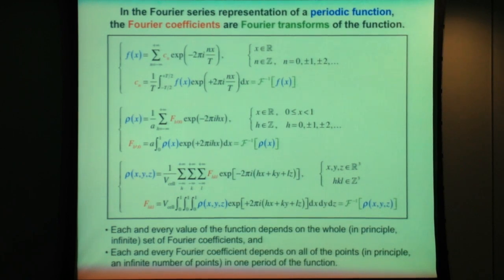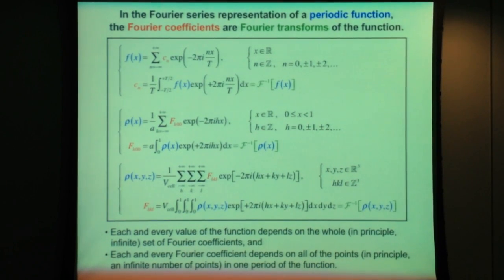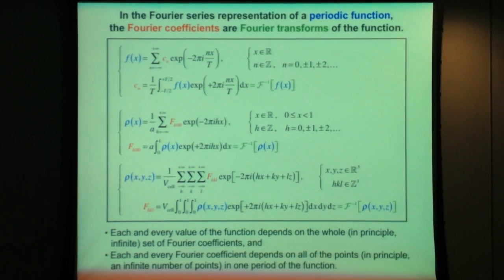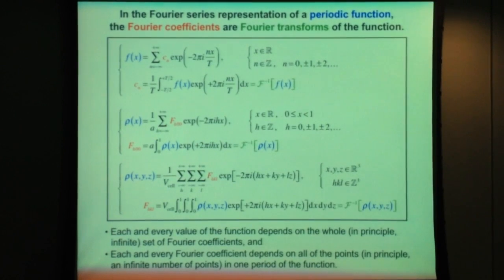Okay, so here we have the series representation. Here we have the Fourier transform from that series. And here's the one that we use in our actual work of crystal structure analysis.